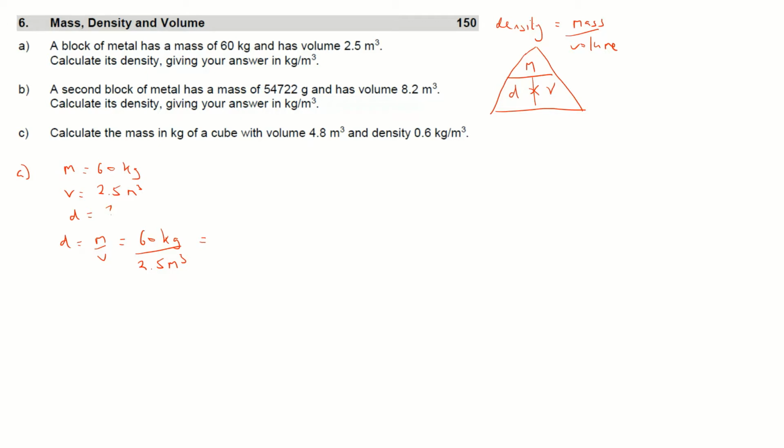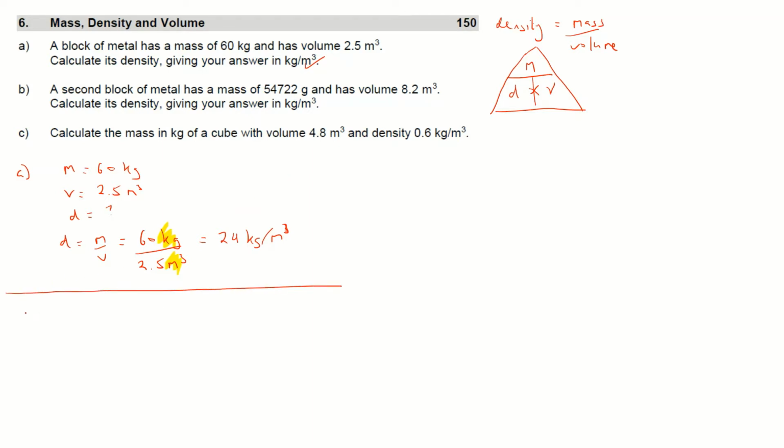All right, 60 divided by 2.5 is 24. And again, the units are going to be kilograms per meter cubed. All right, so 24 kilograms per meter cubed. And that is what the question wanted. Okay, so we are done with that one.